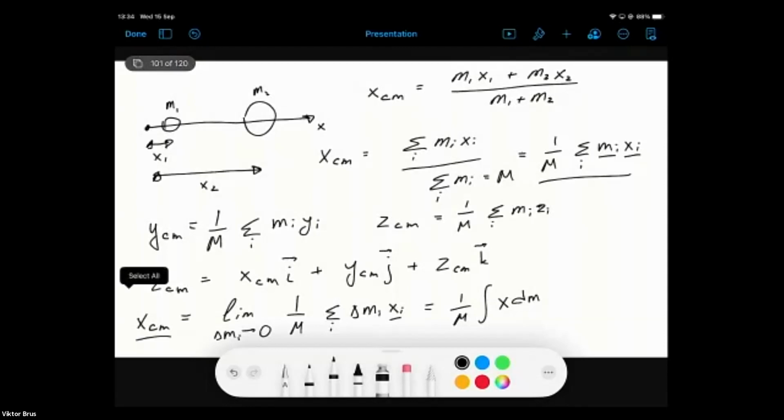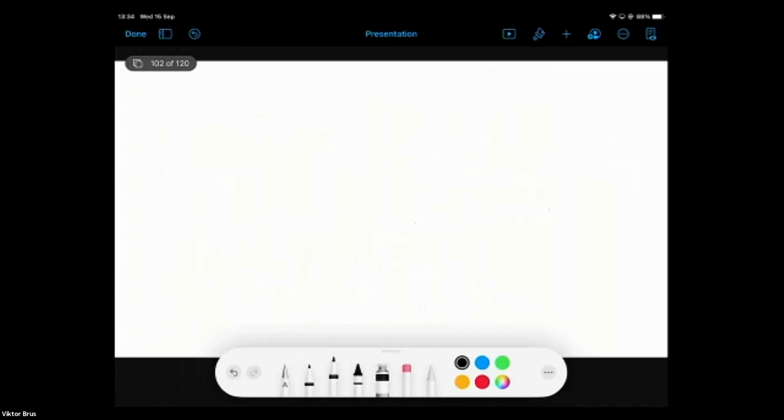If it's a three-dimensional case, where we have some volumetrically distributed body, then we can write that our position vector of the center of mass will be equal to 1 over M times the integral of the position vector of each of these small elements dm, integrated over the volume of this body.